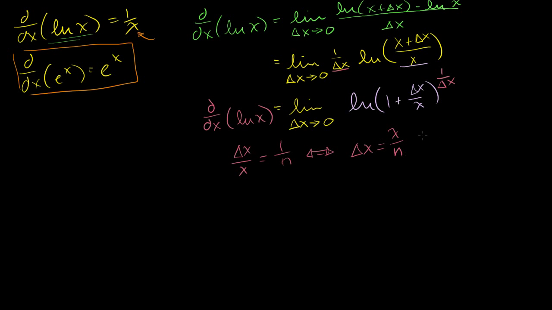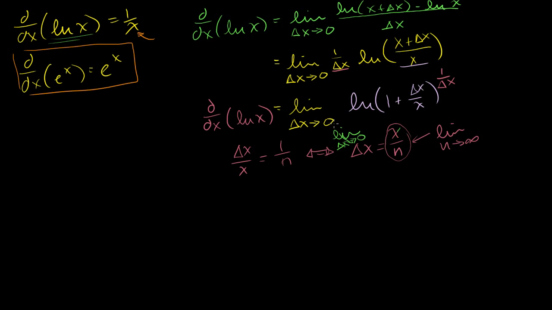Now, if we take the limit as n approaches infinity of this term right here, that's completely equivalent to taking the limit as delta x approaches 0. If we're defining delta x to be this thing, and we take the limit as its denominator approaches infinity, we're going to make delta x go to 0.